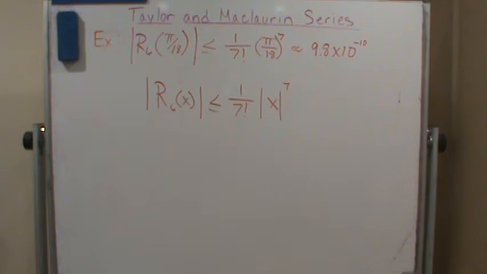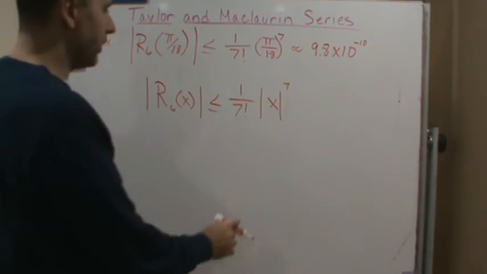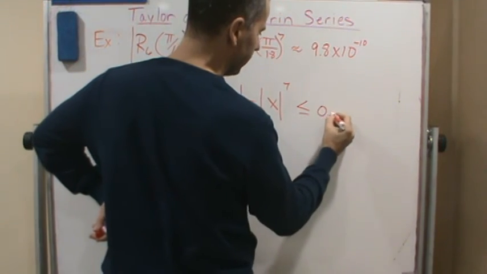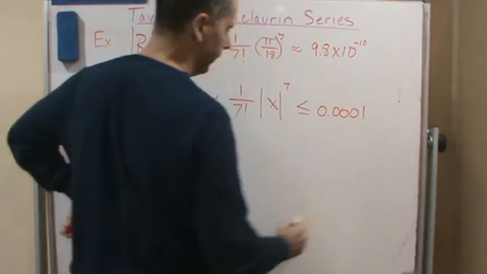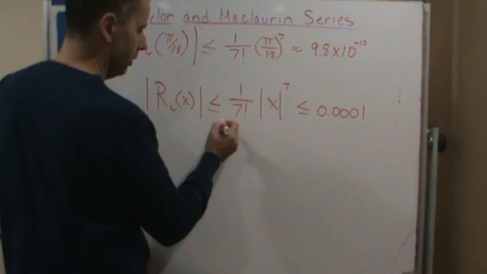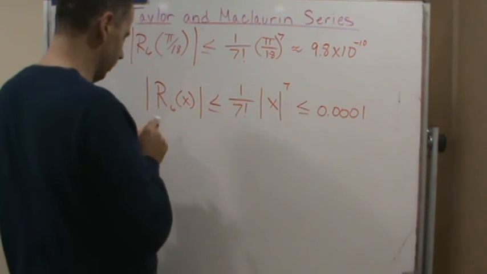Now this we want to be less than or equal to 0.0001. So now all we have to do is solve this inequality.